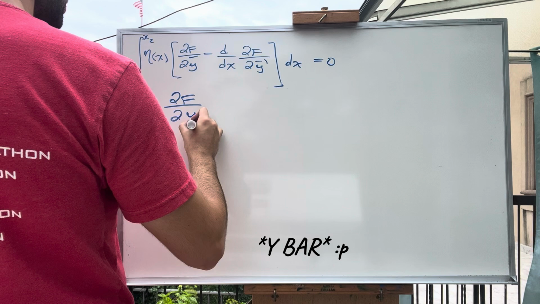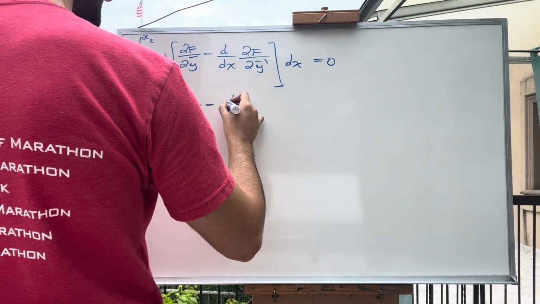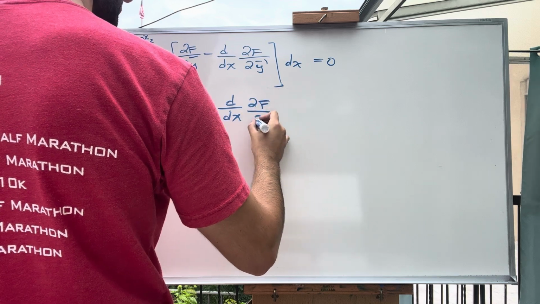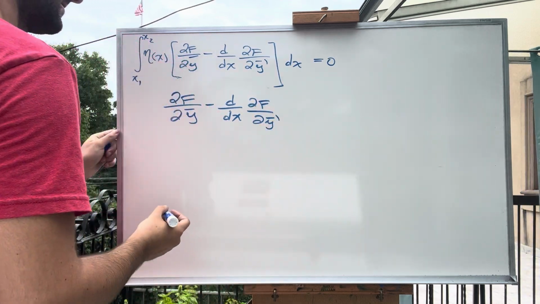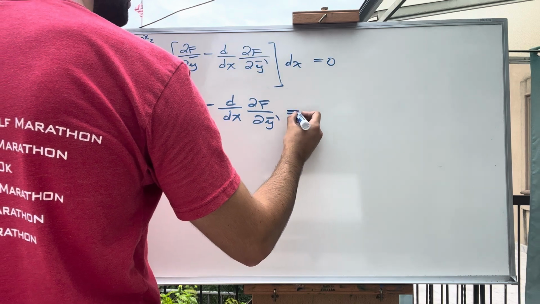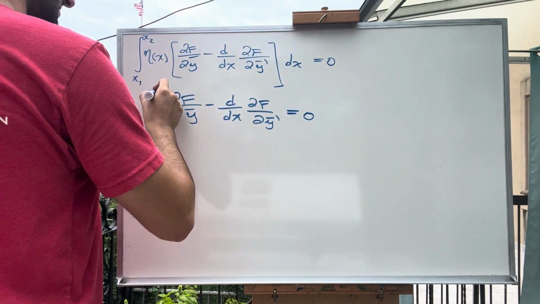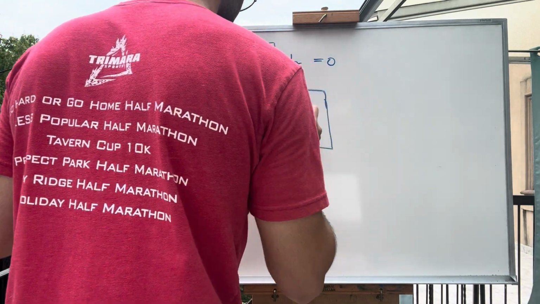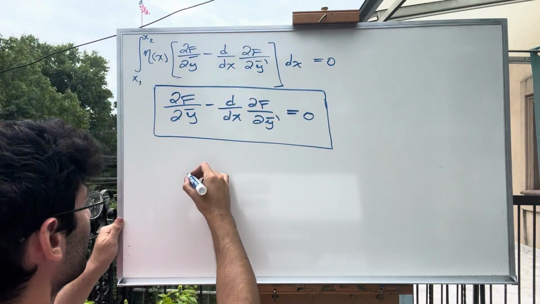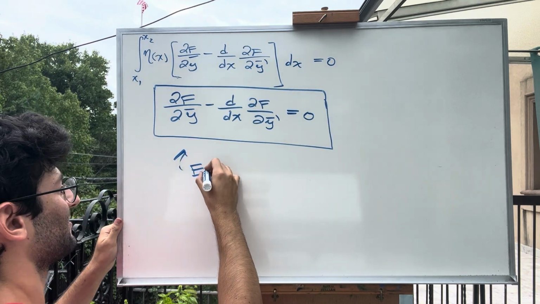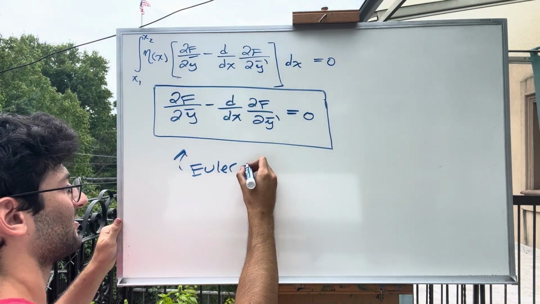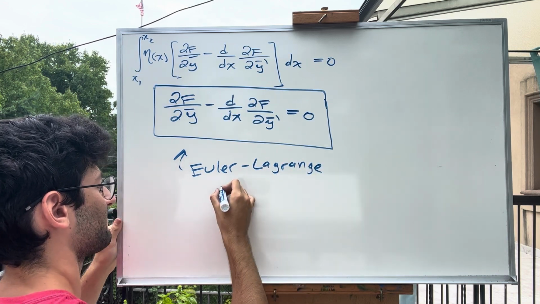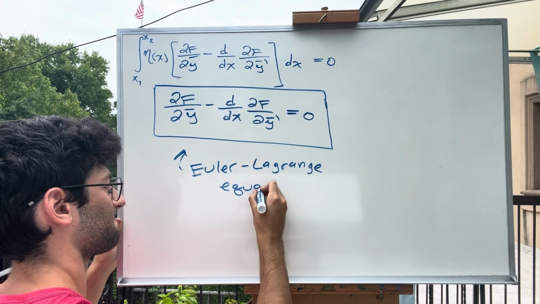Partial f partial y minus d dx partial f partial y prime is equal to 0. And this concludes our derivation of the Euler-Lagrange equation.